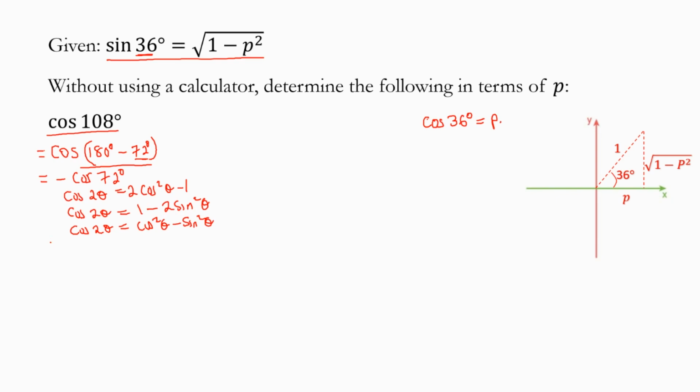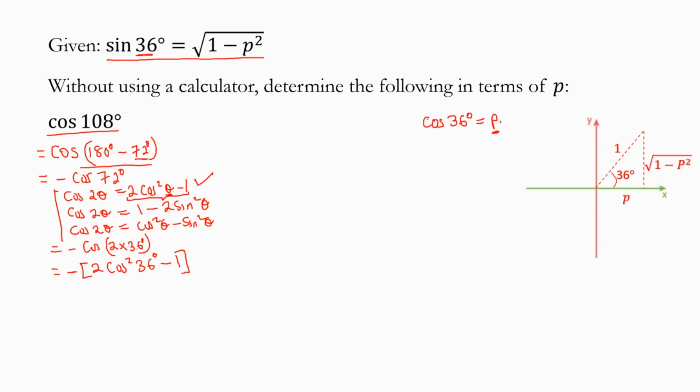So negative cos 72 degrees is just the same as negative cos 2 times 36 degrees. Let's start with this one. This is equal to negative, 2 cos squared 36 degrees minus 1.